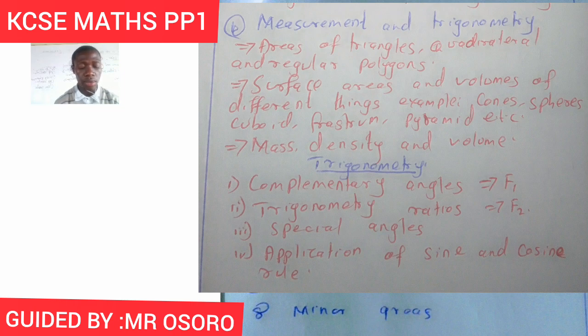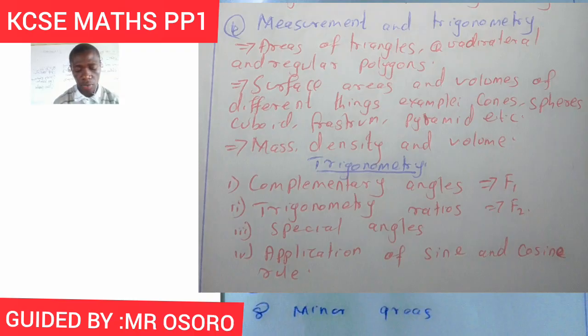Then again in Form 2, we have surface areas and volumes of different solids like cones, hemisphere, sphere, cuboid, frustum, and pyramid. Pyramid is very important. Pyramids and prisms.